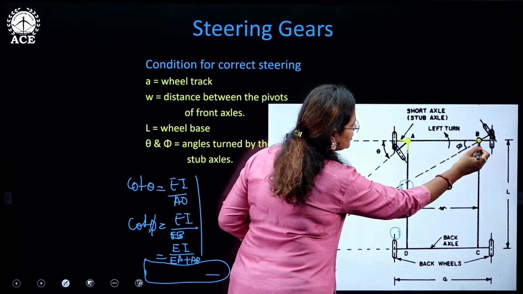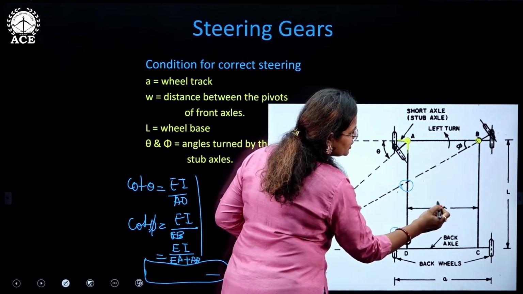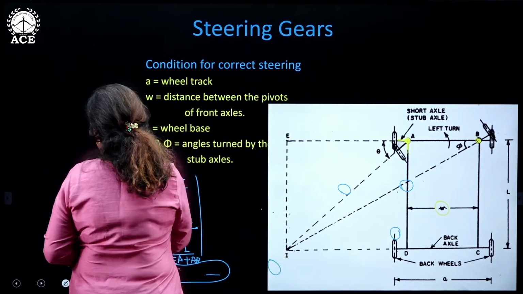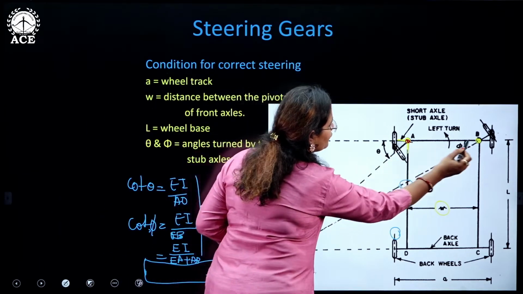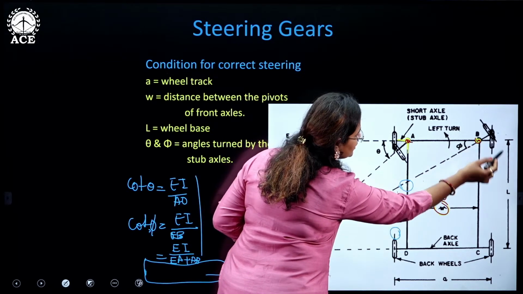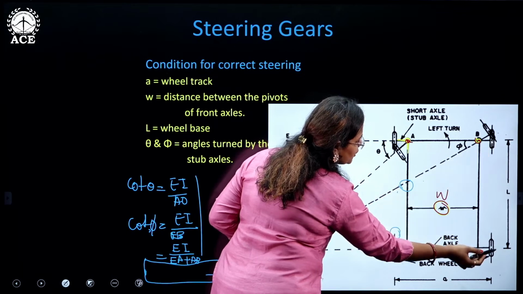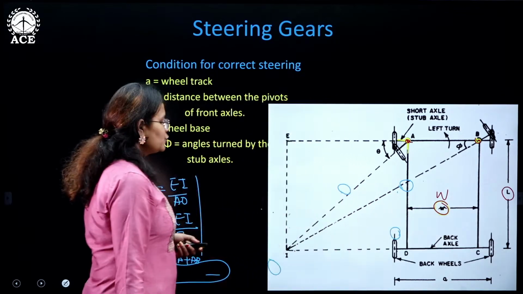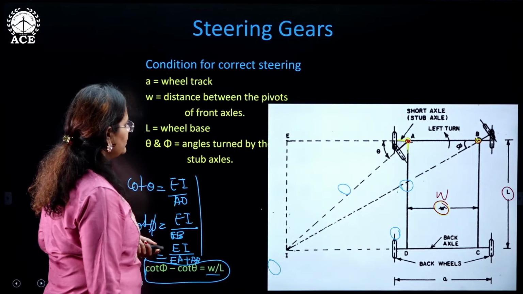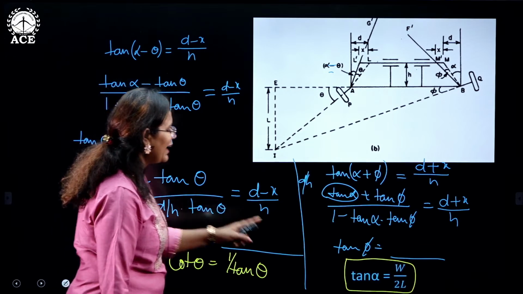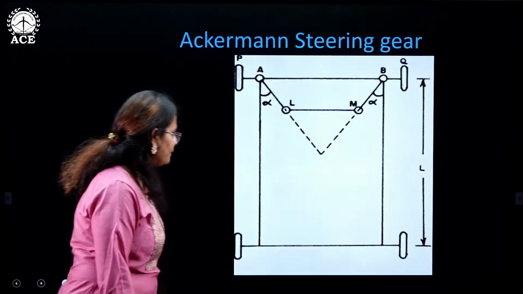So the distance between these two is taken as W. And the distance between the front wheel and the back wheel, the wheel base, is taken as L here. So finally we get the condition tan alpha is equal to W by 2L.